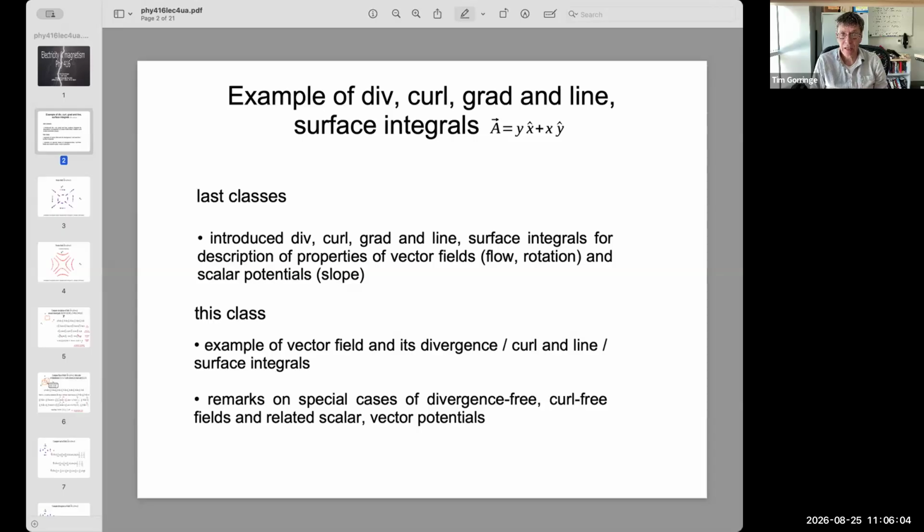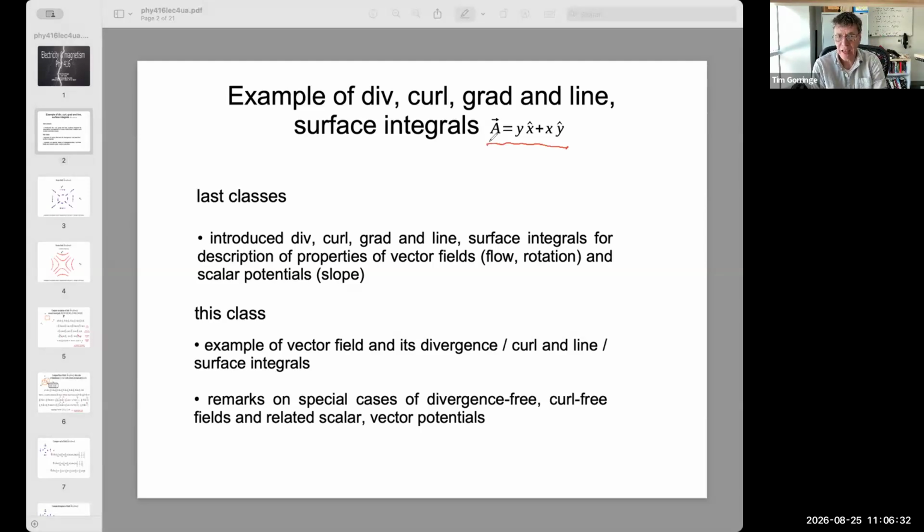We've been working in Cartesian coordinates, rectangular coordinates, where we're working with x, y, and z axes and unit vectors. We're going to work on a particular field that's expressed in rectangular coordinates, and that field is upstairs here.